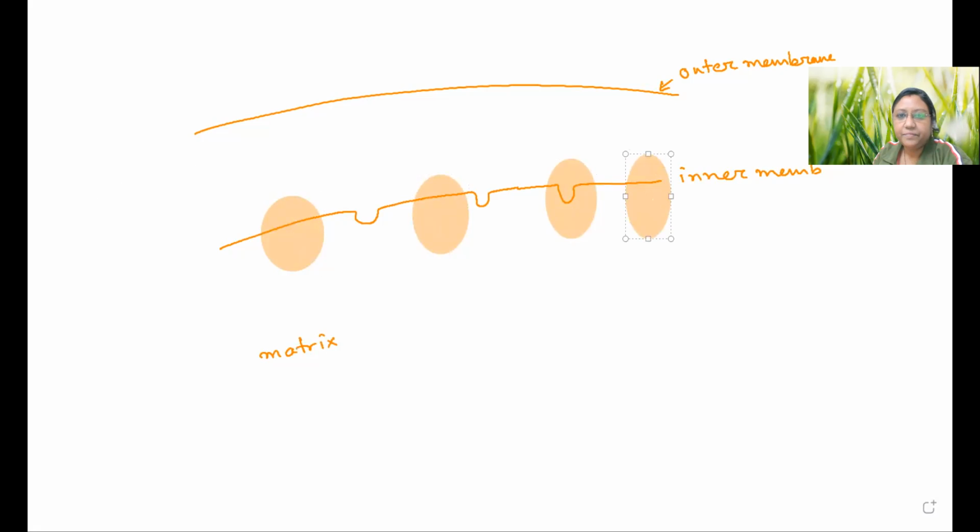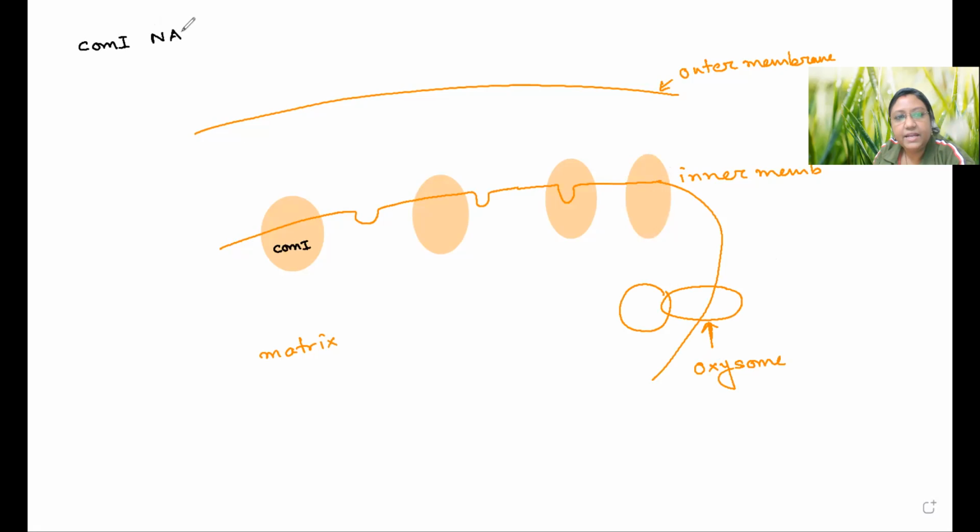Apart from that, as I mentioned already, that in the inner wall, there will be presence of the oxysome. Okay. So now, how these complexes are helpful that we are going to see. So the complex one, I am writing name separately, is known as NADH dehydrogenase.